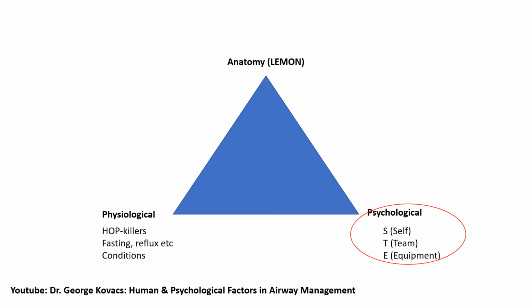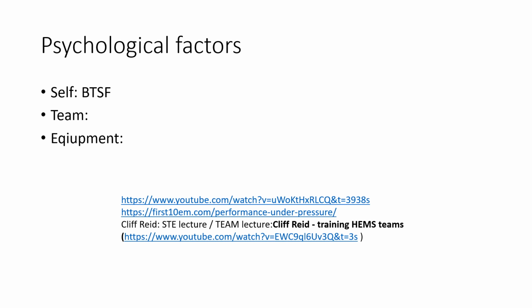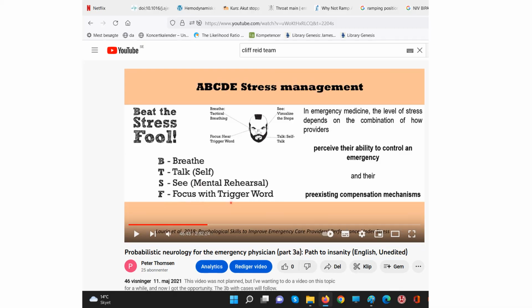We might call them human factors as well. And I've made several videos on these, so I won't go into details with this, but this is also part of the risk assessment. And here are some of the links for some of the international lectures on this. And as I said, I have made a video called Probabilistic Neurology, where I go into this in detail.